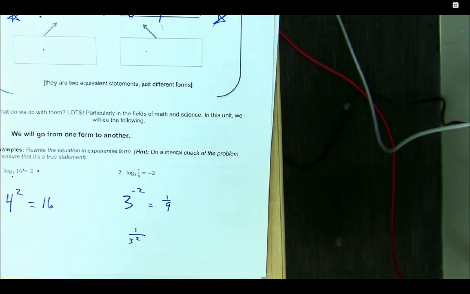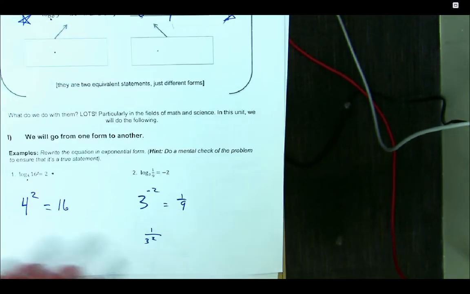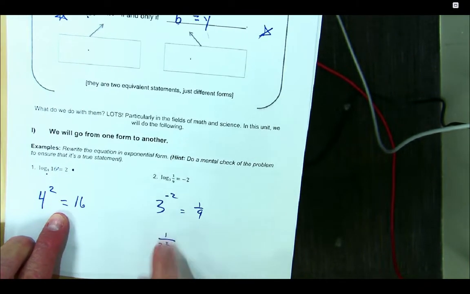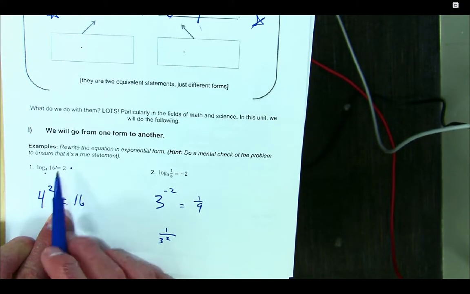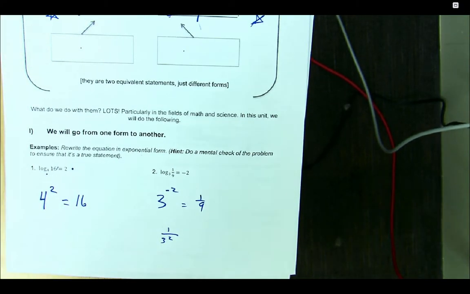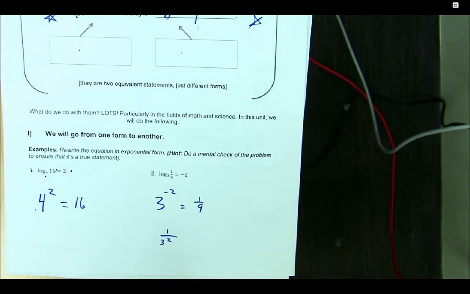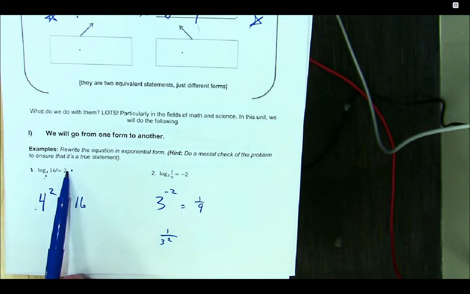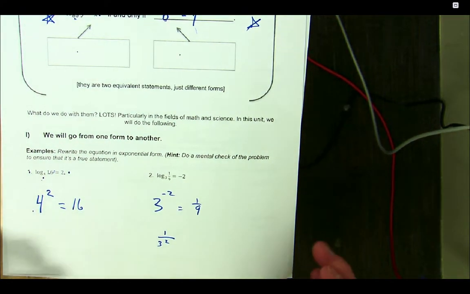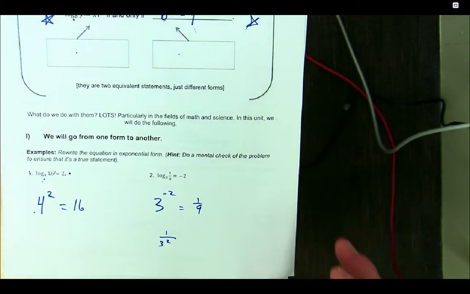So that is accurate. Notice neither one of these has logs in it, but these are equivalent statements. So this is exponential, this is logs. They are inverses of each other, but this relationship of base to the power of what's over here equals what's next to it is going to be really, really important for us.